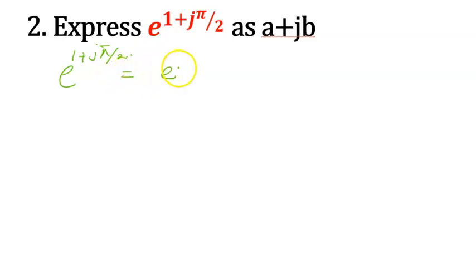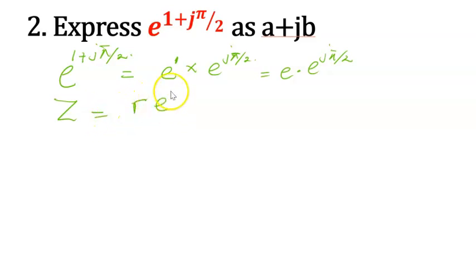I can interpret this as e raised to power 1 times e raised to power j pi over 2. Now compare this with z equals r e raised to power j theta, where my r here is e and my theta here is pi over 2.